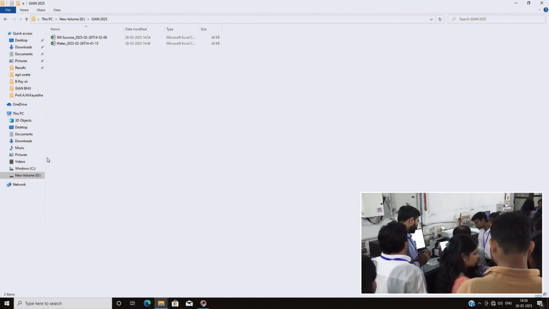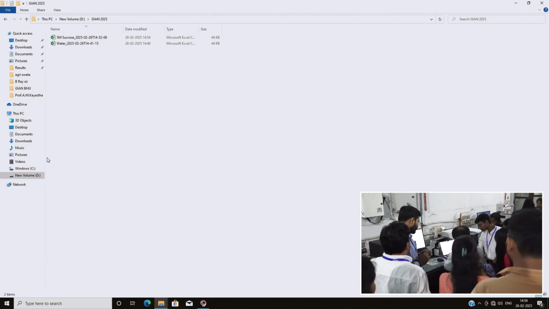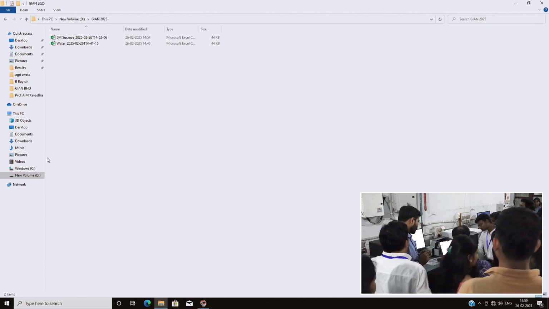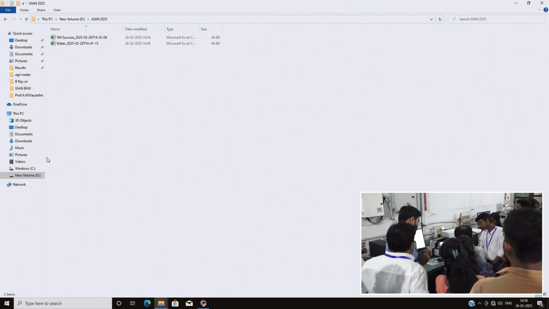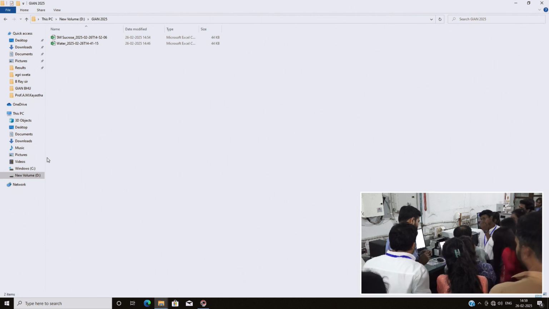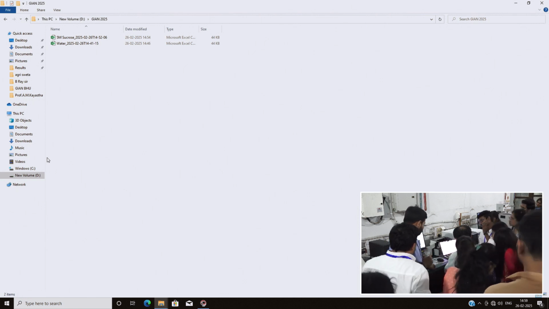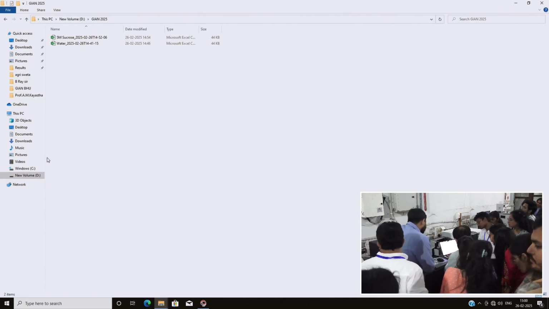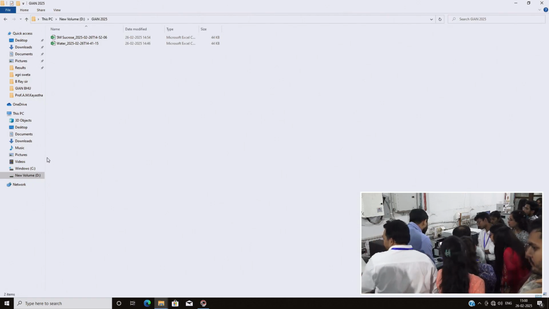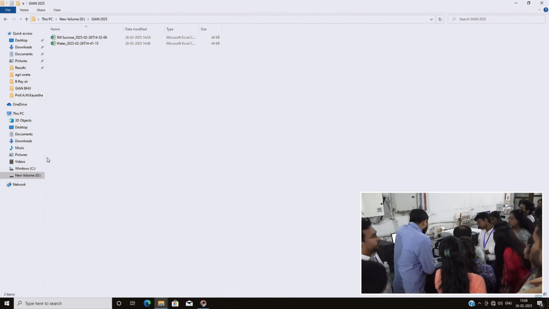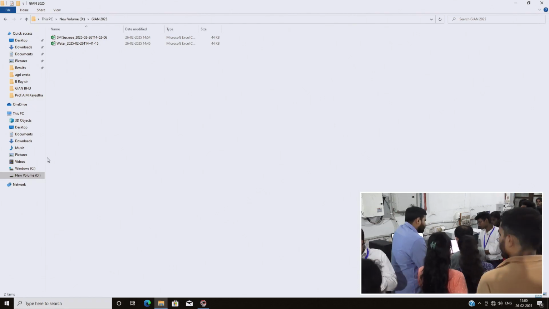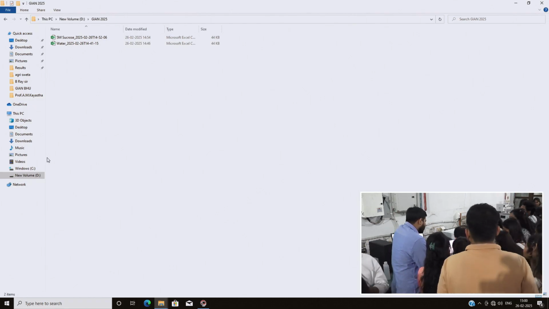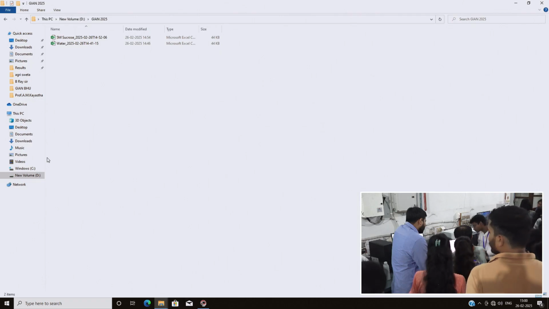Then the red spectrum is a solution, 5 molar sucrose.